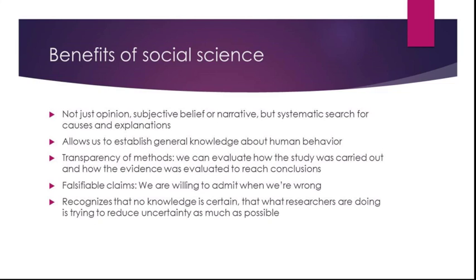And finally, social science recognizes that no knowledge is certain. What researchers are doing when we're doing research is trying to reduce uncertainty, but there's always going to be some level of uncertainty there. We often hear the phrase, "this is a settled question." Well, there aren't actually a heck of a lot of settled questions in science. There are a lot of questions on which the evidence is overwhelmingly on one side, right?